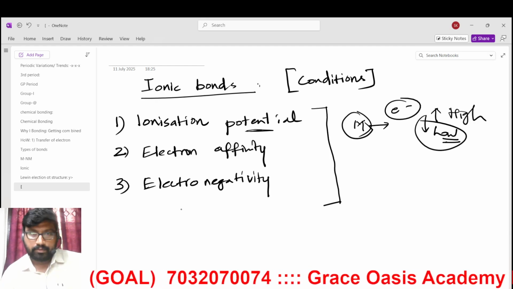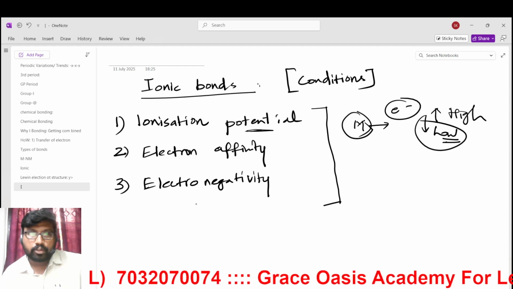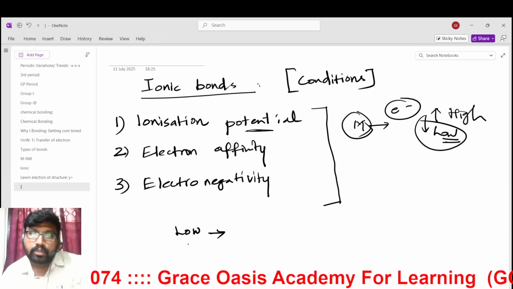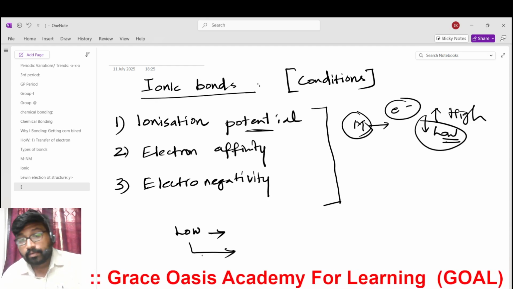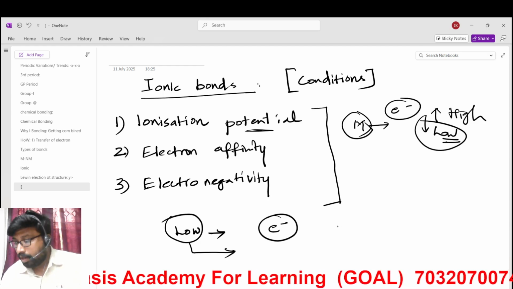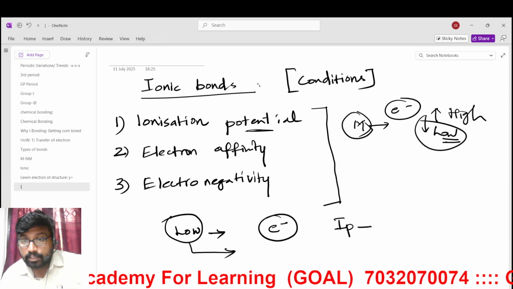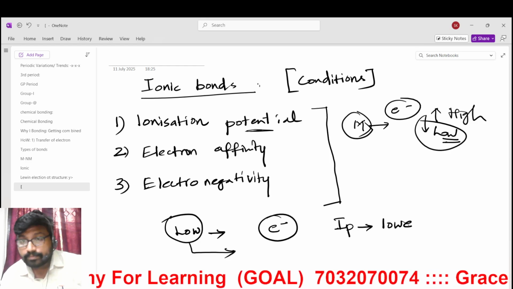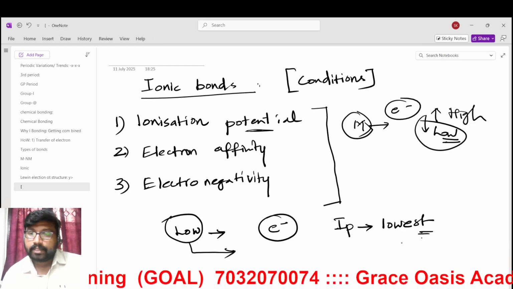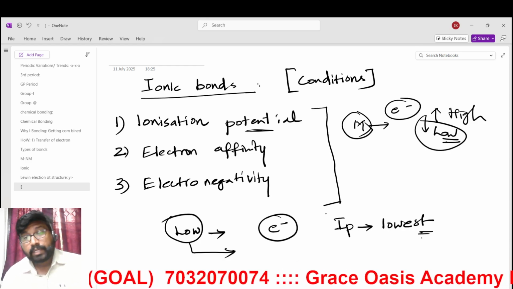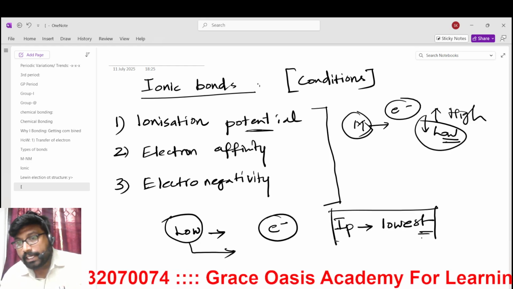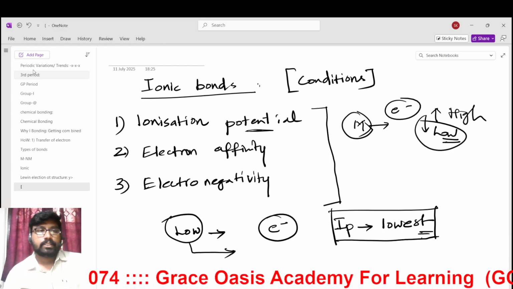If you want to lose an electron, your potential should be low. If you are weak only, then you are able to lose your electron. So ionization potential will be lowest in the metal so that it can donate its own electrons to others.